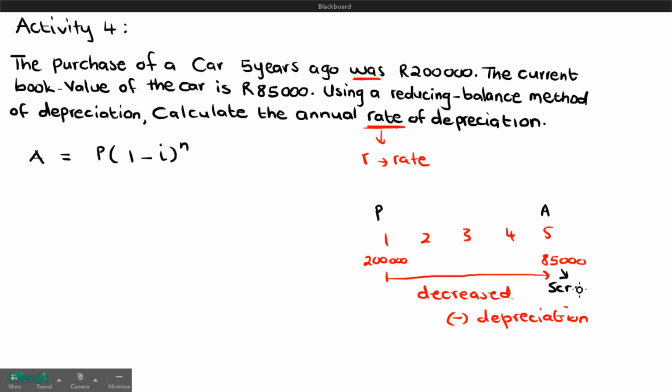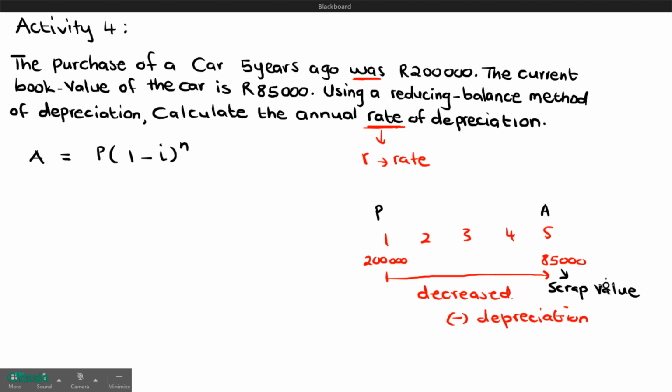We have spoken before about book value, scrap value and reducing balance. So immediately we see the term reducing balance, we already know the formula. But always when you see that your value decreases, know that we have a scrap value.